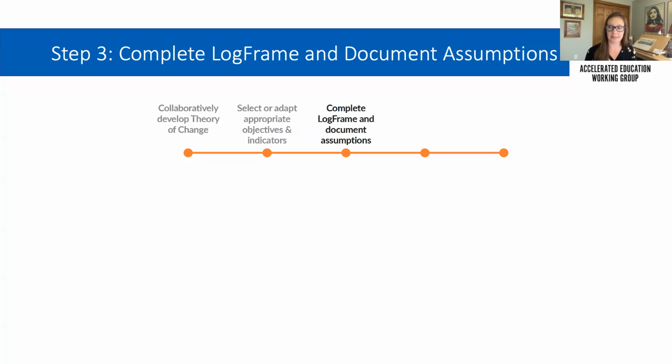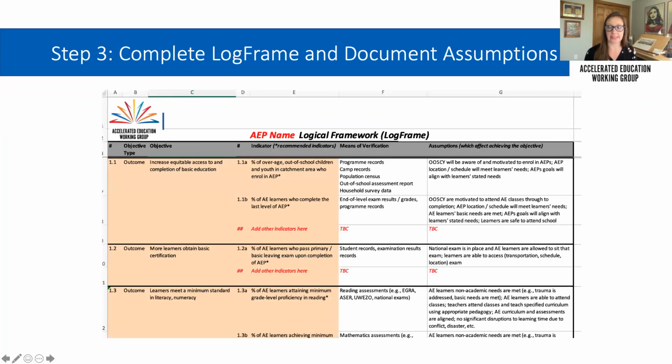But the first one of those is the logical framework, or LogFrame. And the purpose of this is really to bring together your objectives, your indicators, and particularly your assumptions around achieving those objectives. So this LogFrame is a table that organizes the theory of change in a much more matrix-like way. It helps you to articulate and think about the assumptions about the different components of the theory of change.